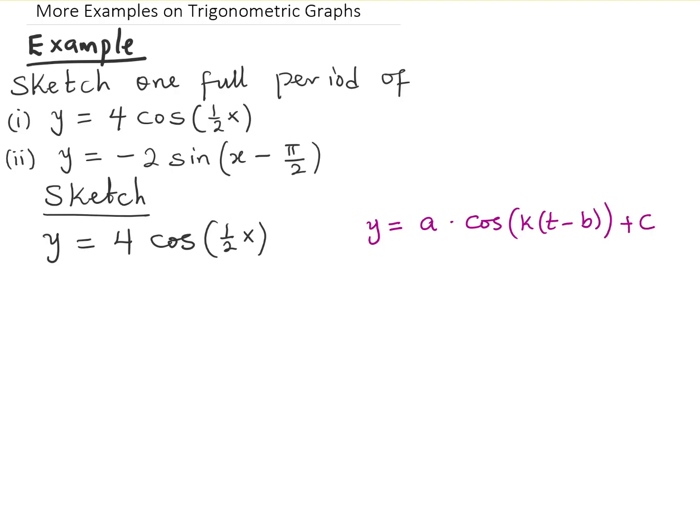So in this case, we would see that our a is 4, our b in this sense is 0, c is 0, and k in this case is half. So we can see that if we consider this function.